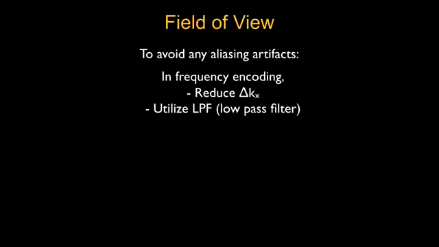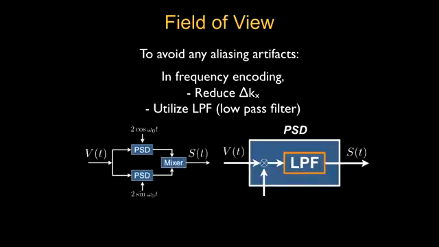Along the kx or the x direction, right before the A to D converter, you can apply the low pass filter. That restricts certain locations to be zeroed out, and you don't have to worry about the field of view aliasing. So there is going from the voltage information to the S of t, and then you can apply the low pass filtering here.